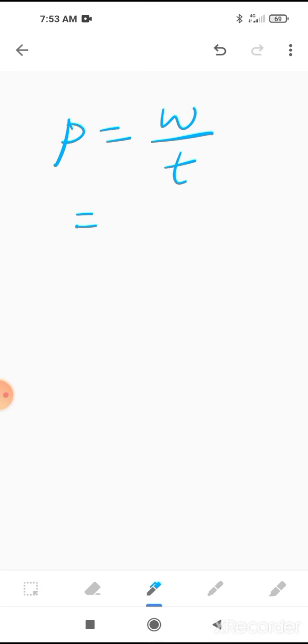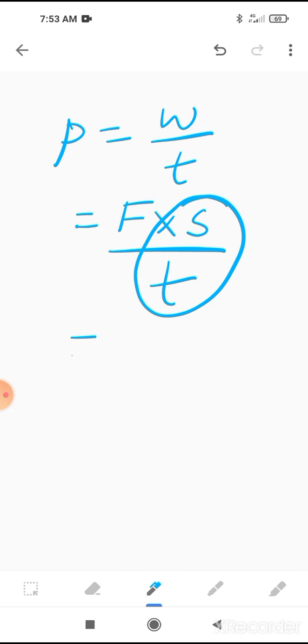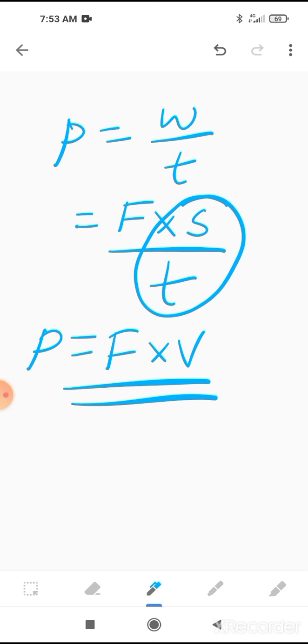Work can be written as force into displacement upon time. Displacement upon time is velocity. So, power can be also written as force into velocity. Here, this is the formula you have to use. Force is given, velocity is given, multiply, you will get the power.